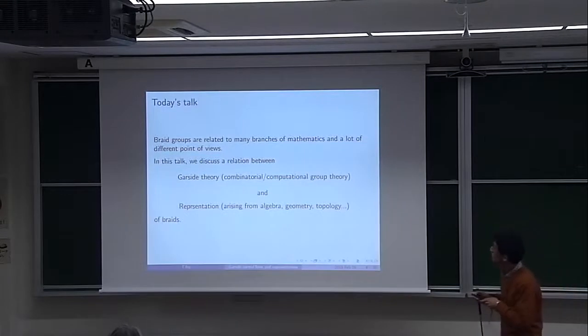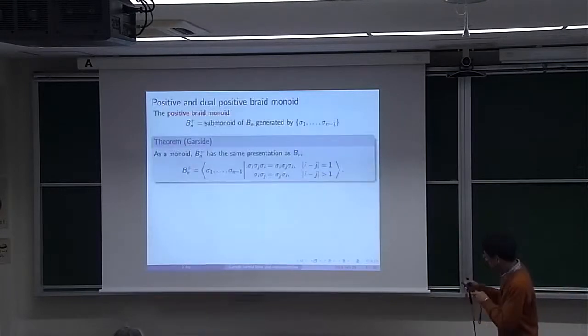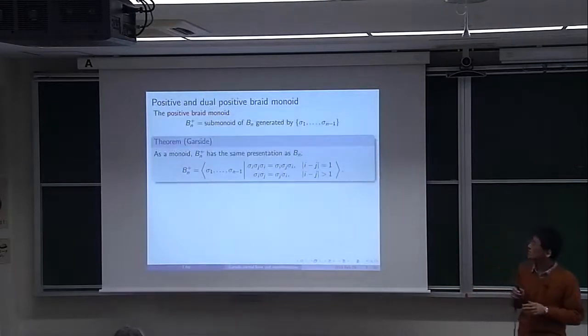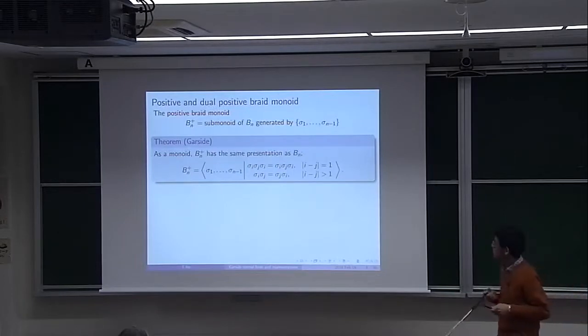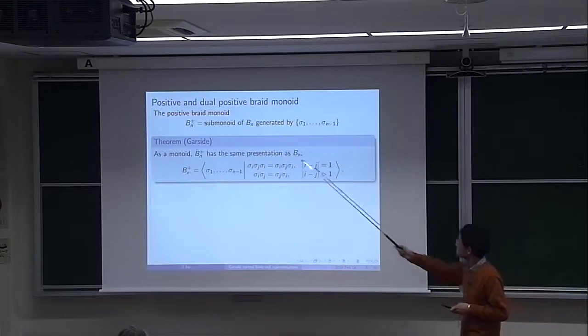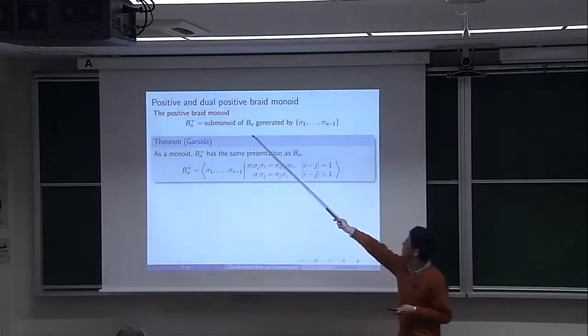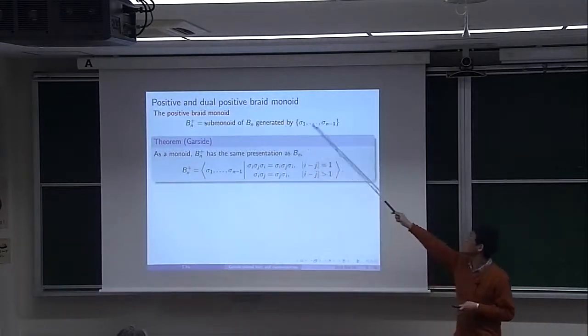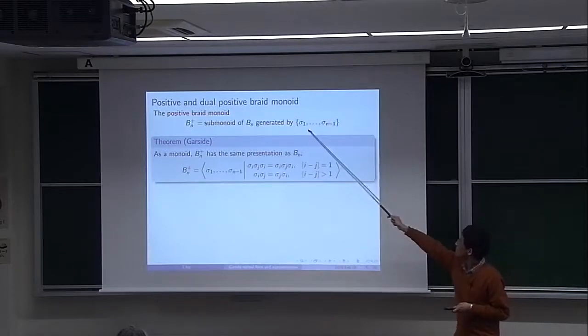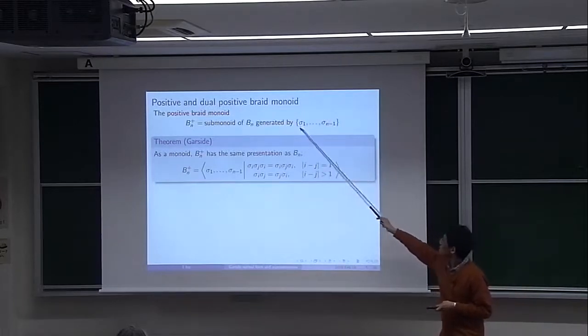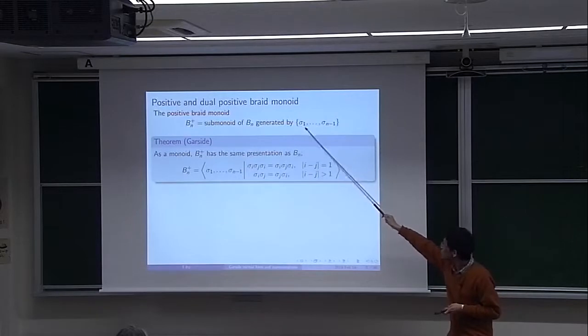To explain the normal form, let us introduce sub-monoids called the positive and dual positive braid monoids. It is not difficult. The positive braid monoid is the sub-monoid of the braid group generated by the standard generators, which means a braid written as a product of positive standard generators.